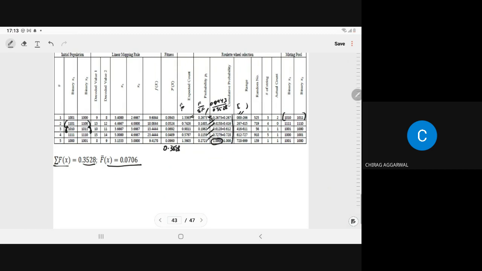Then whatever the string 4, that we have written here. Then whatever the string 1, that we have written here and here. Then string 5, that we have written at this place. So in this way we can compute the mating pool. So in deciding the mating pool, any problem?